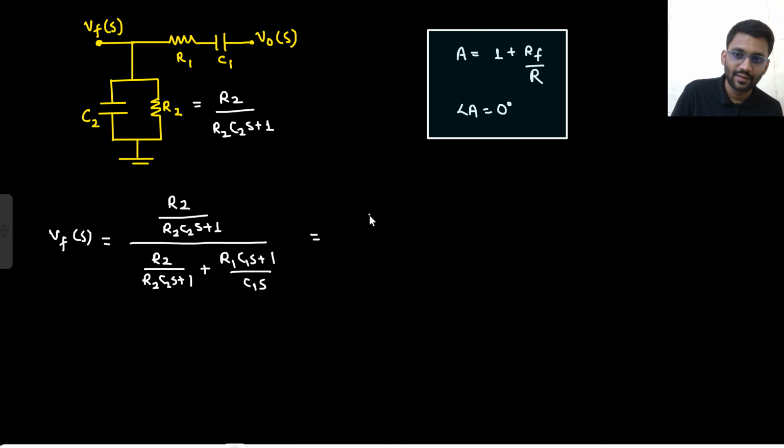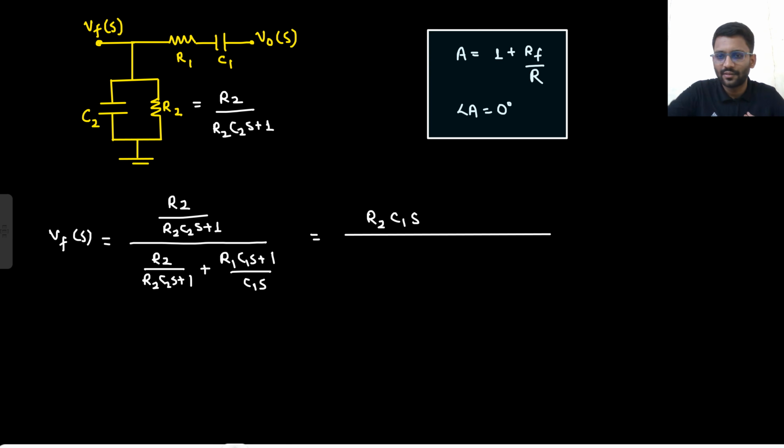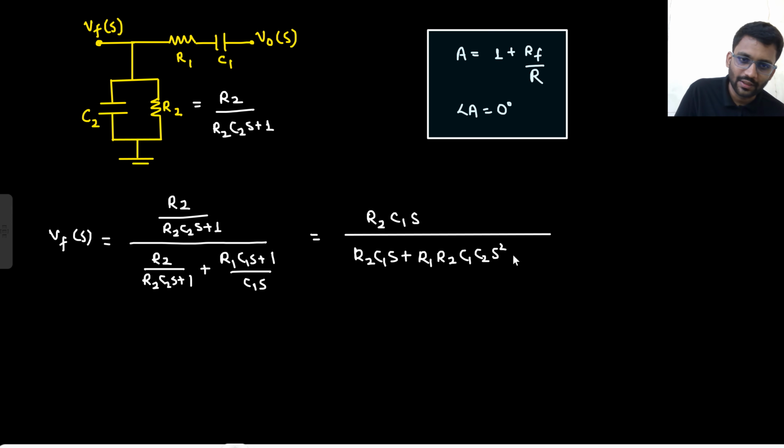So what will you get? R2 C1S, no, sorry, R2 C1S divided by R1 R2 C1 C2S square plus R2 C2S.